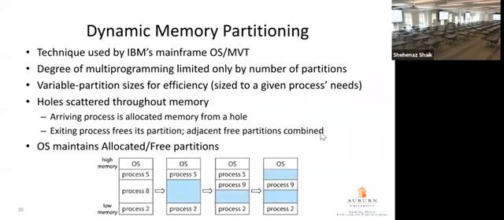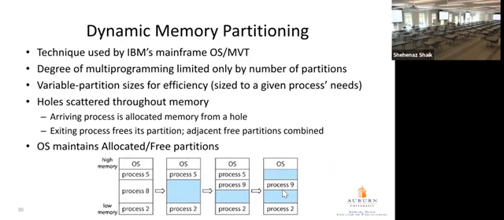Similarly, for the dynamic memory partitioning approach as well, as processes arrive and leave the system, the memory may end up having multiple holes of different sizes.